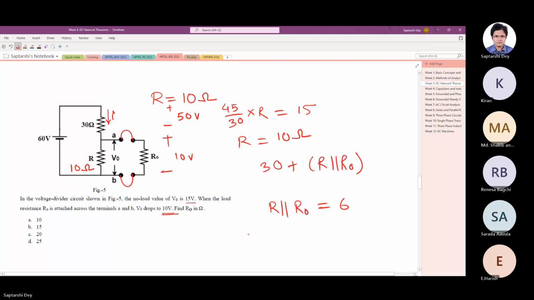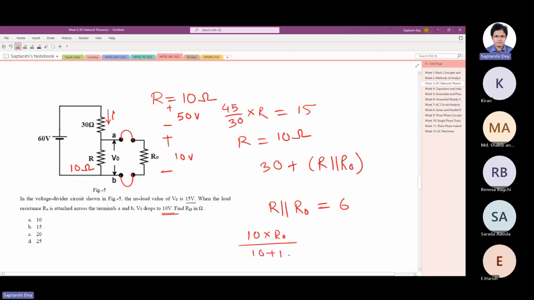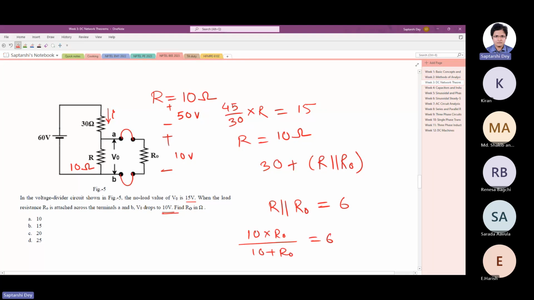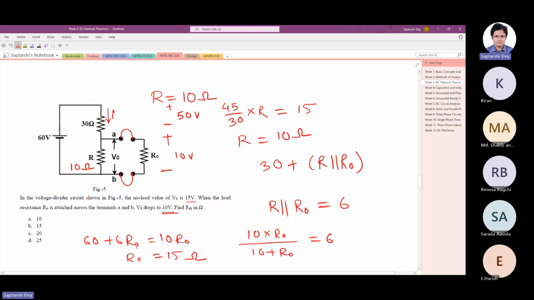R is 10. 10 times R naught by 10 plus R naught is 6. From here we can find out R naught. 60 plus 6 is 15 ohm.